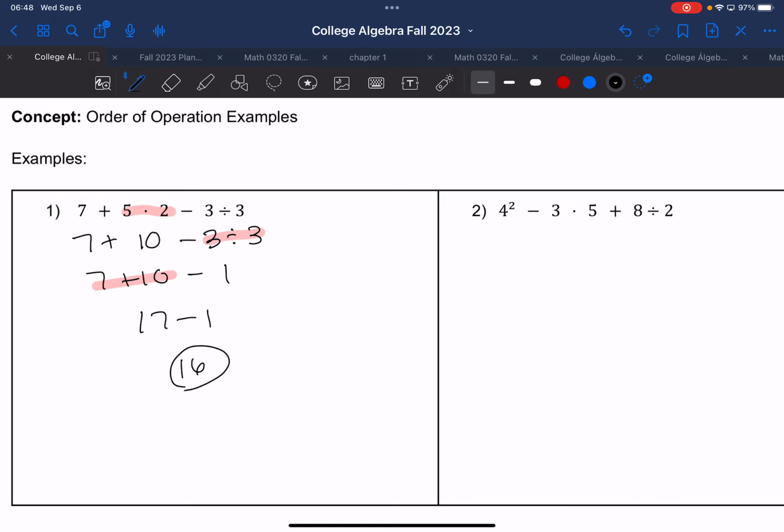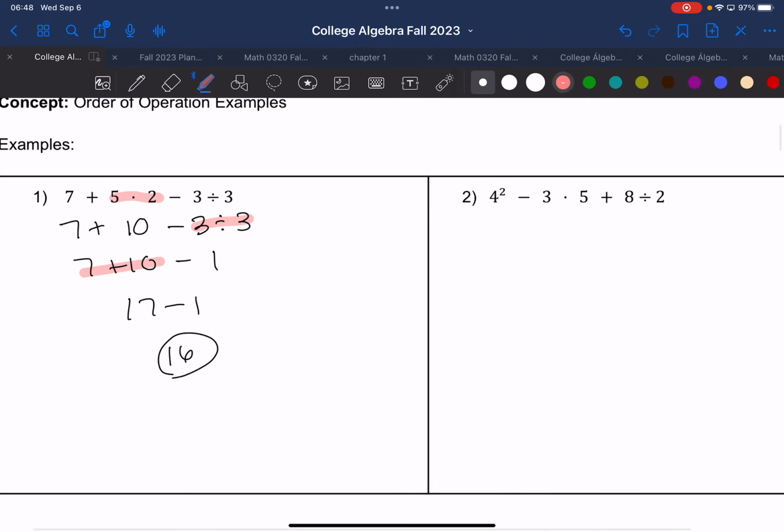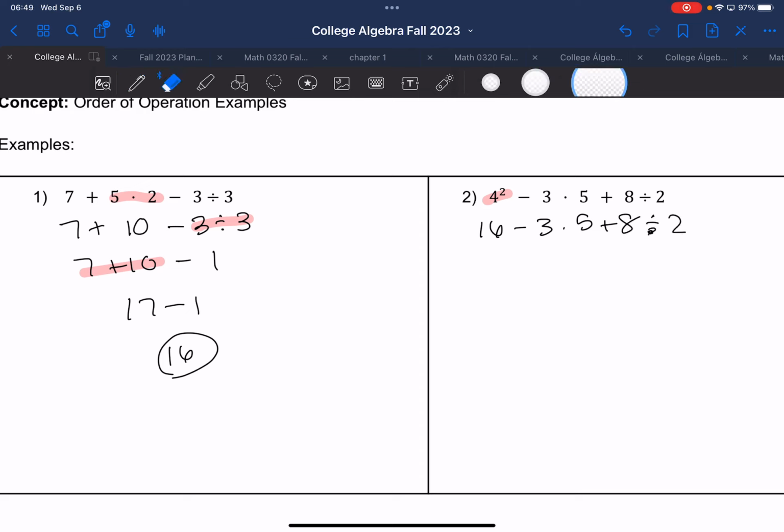What about number 2? Which is going to come first? The exponents. Good. So we have 4 squared, which is 16. So I'm going to rewrite this whole problem. What comes next? Multiplication. Good, multiplication.